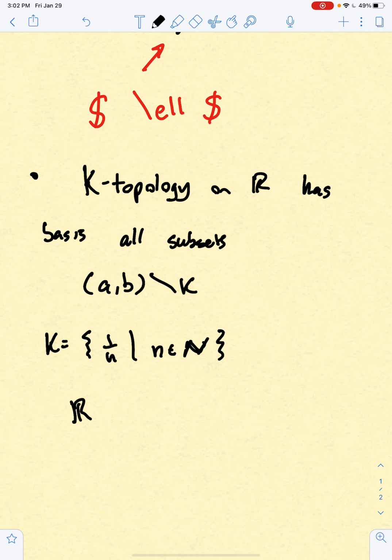And we use the notation R sub K for this topological space.